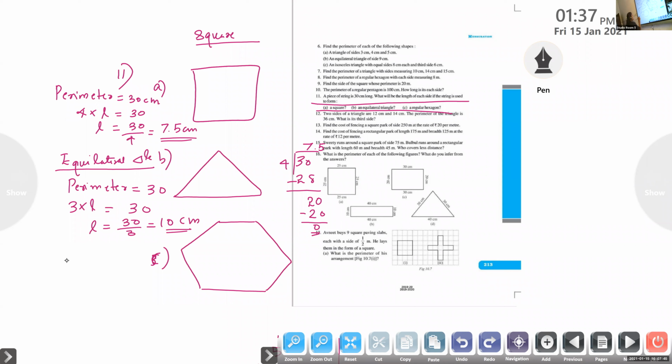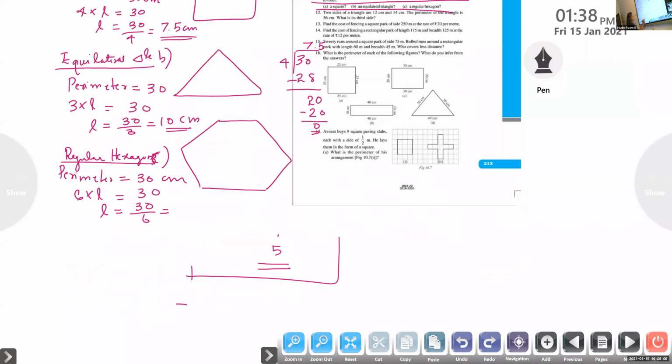Now the regular hexagon. What is the formula for its perimeter? Ma'am, 6 L. So 6L equal to 30, L equal to 30 by 6 equal to 5.